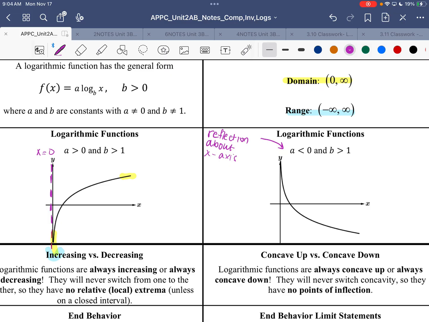What do you mean by reflecting about the x-axis? So originally the graph, when we were going close to x equals 0, the y's were going to negative infinity. So we're reflecting this, everything flips over the x-axis. So now as we're going to 0, instead of going to negative infinity, the y's are going to positive infinity. They're doing the opposite.